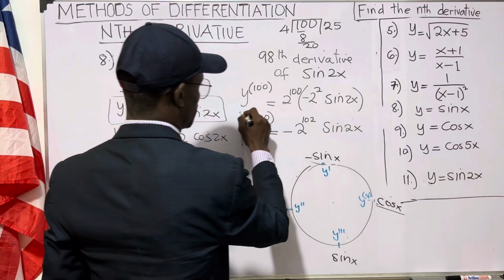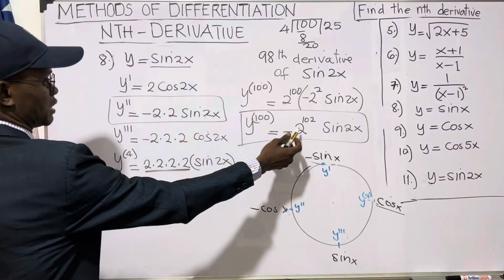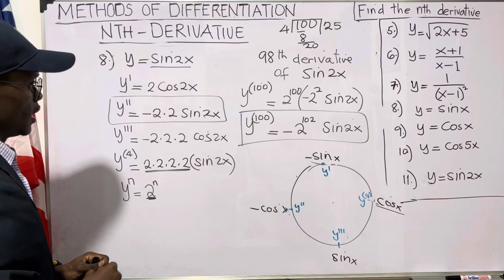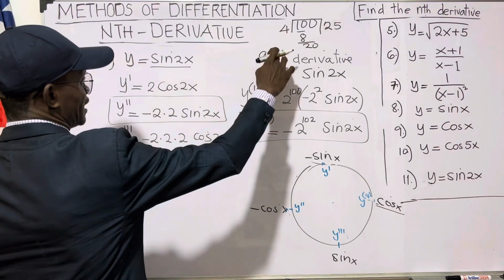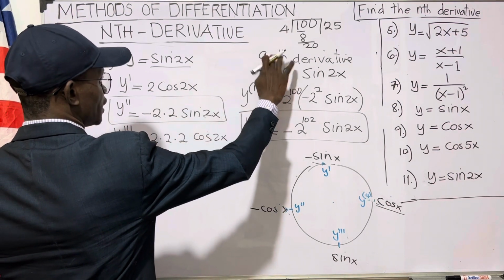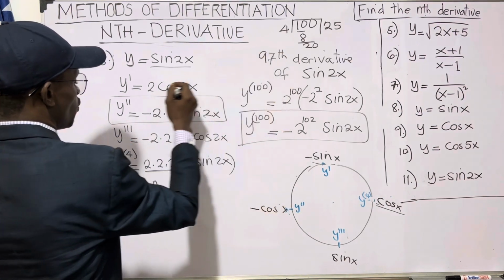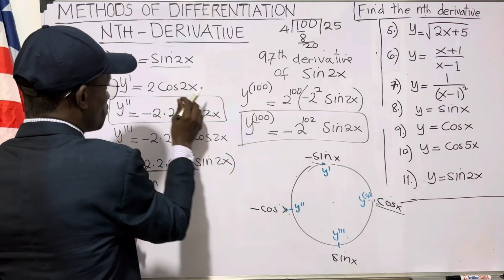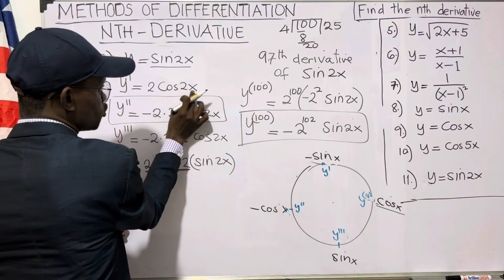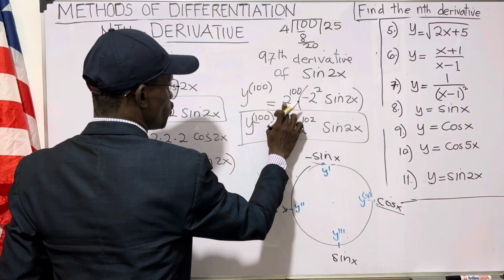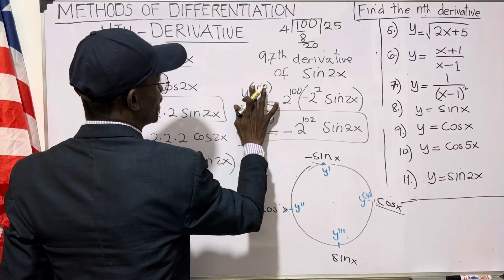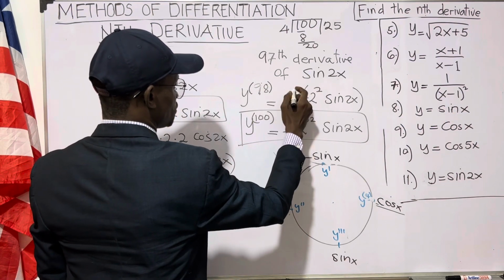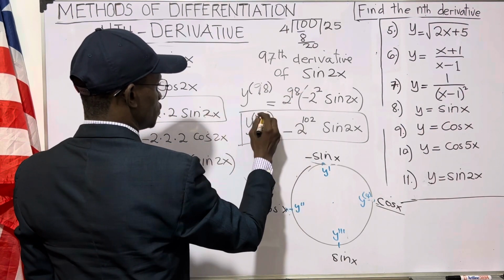So now you can expand this 2 raised to the power 102. If this was 97, it means we would have differentiated this sine of 2x 1 time. It means we have to multiply this 2 cos of 2x by 2 raised to the power 98, because we're differentiating this thing 98 times.